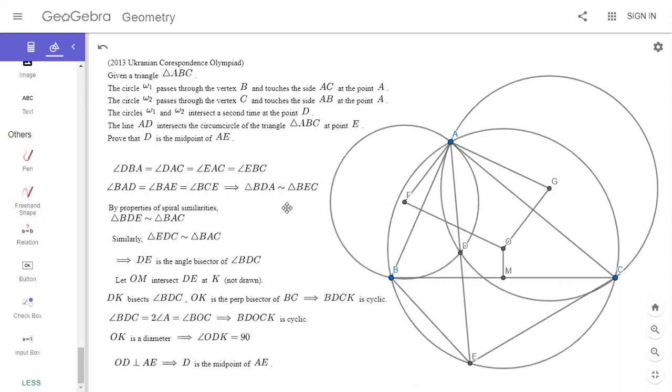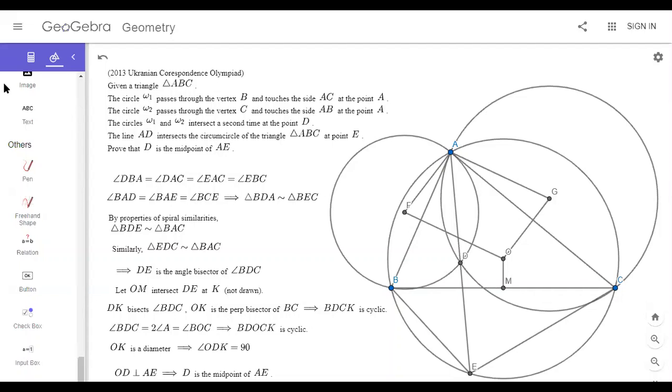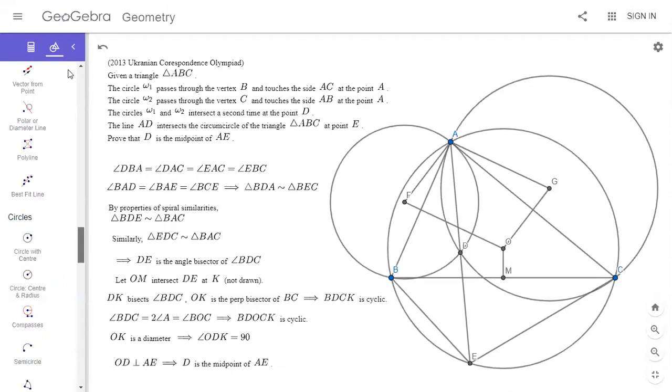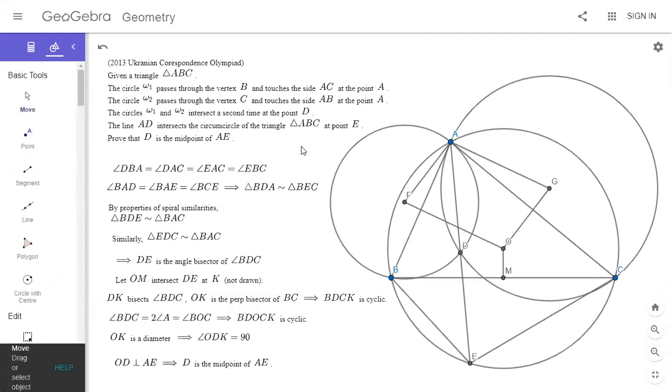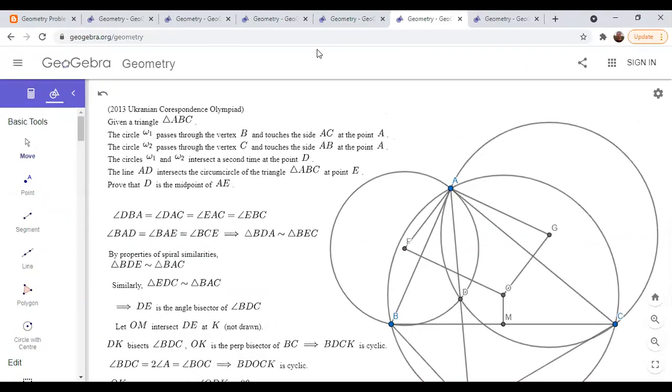It means that we just needed to show that BDOC is cyclic. Yeah, those are all properties of harmonic quads. All right. So I will move on to the next one, but this problem doesn't look like the solution should have been that hard.